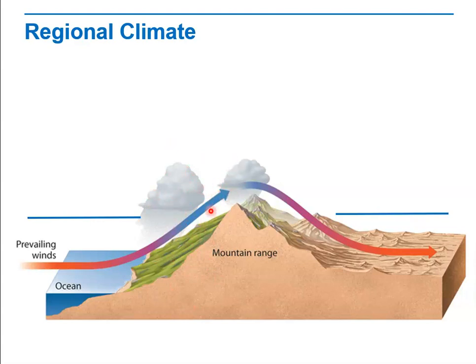As the air passes over the mountains, it starts sinking. As it sinks on the downwind side of the mountain, it expands, it warms, and it absorbs the moisture. So we end up with a very dry climate on the east side of these mountains.